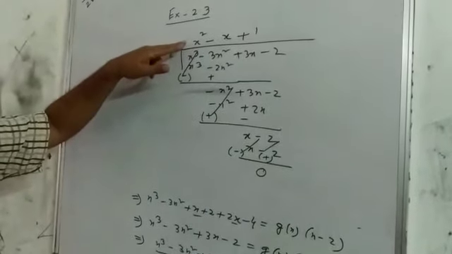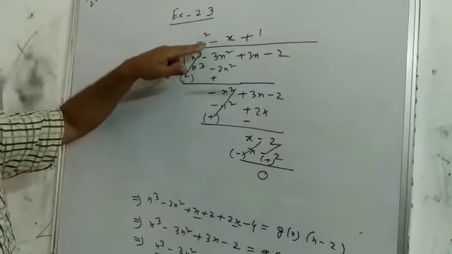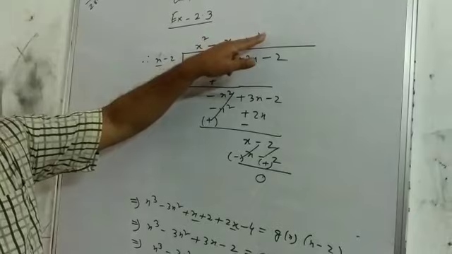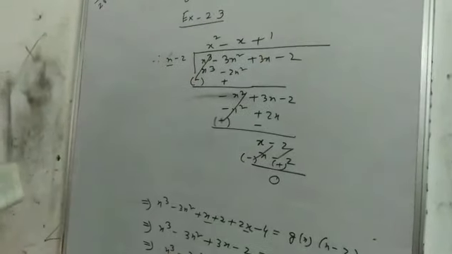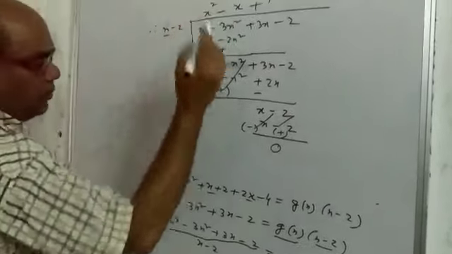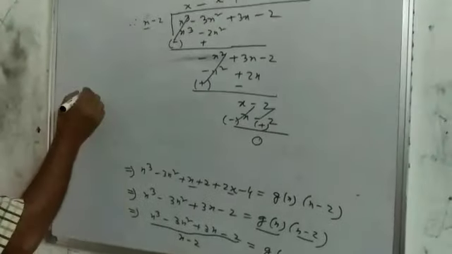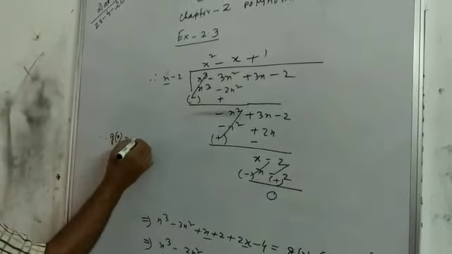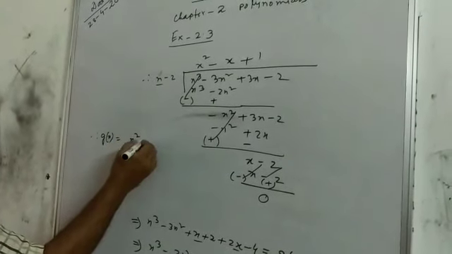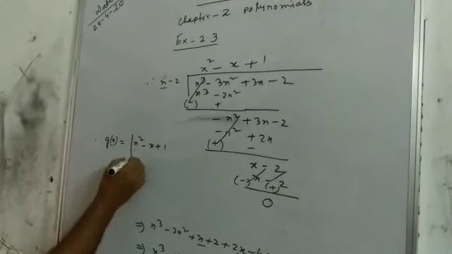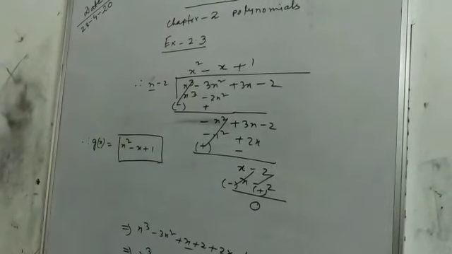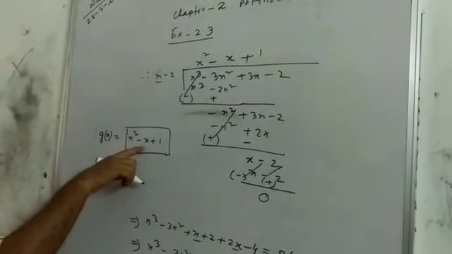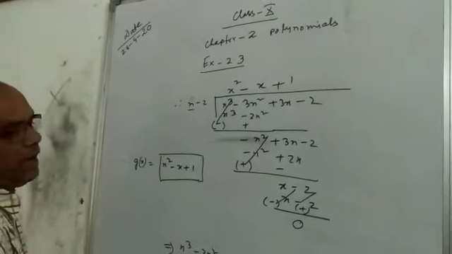Finally we got the quotient x square minus x plus 1, which is nothing but g(x). So at last we write the answer: therefore g(x) is equal to x square minus x plus 1. This is the answer.